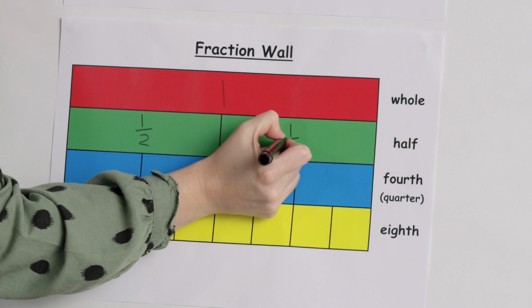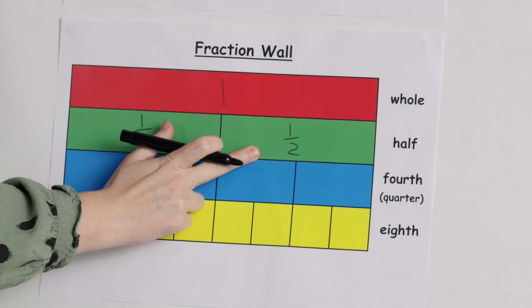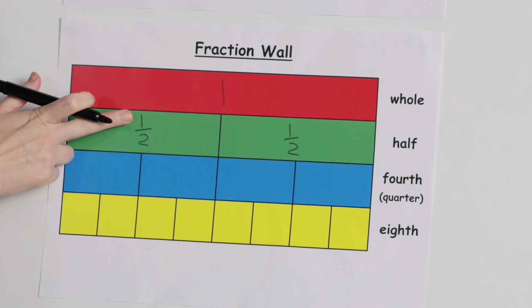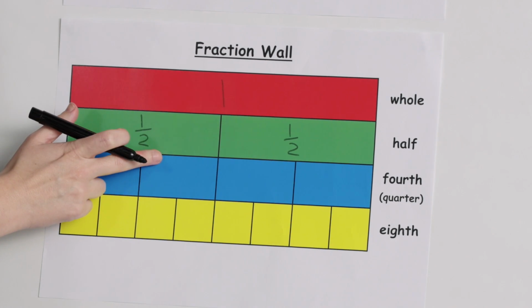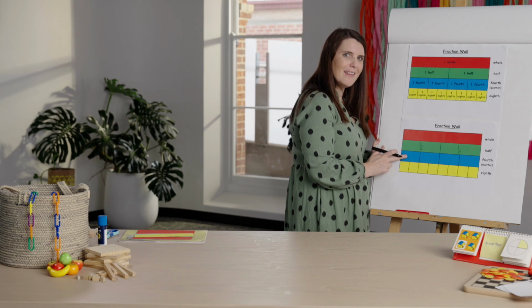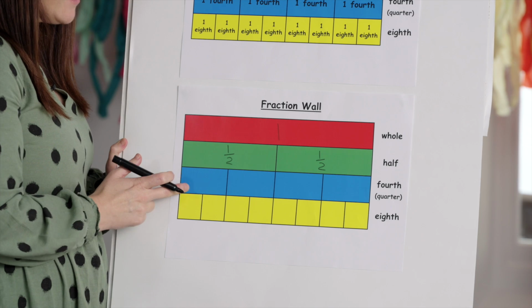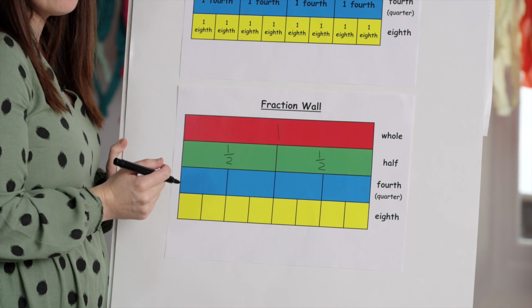So I have a half here and a half there. This shows me that this part is one part of 2. So what might this one look like? It's one part of 4.